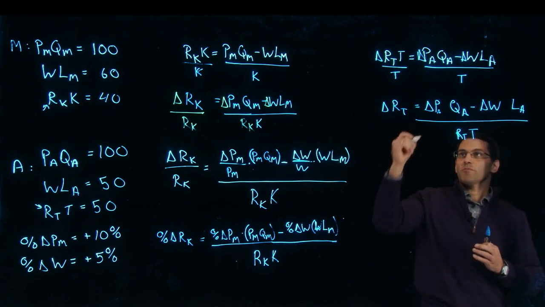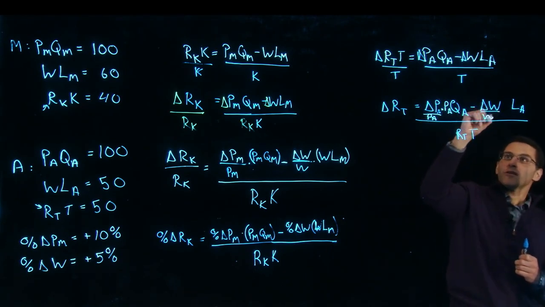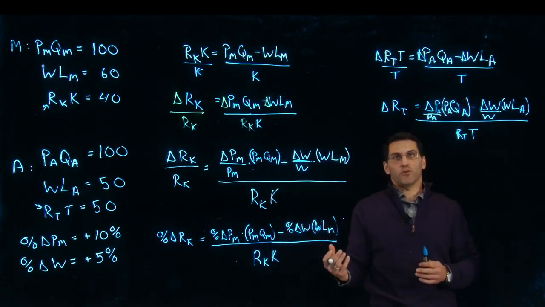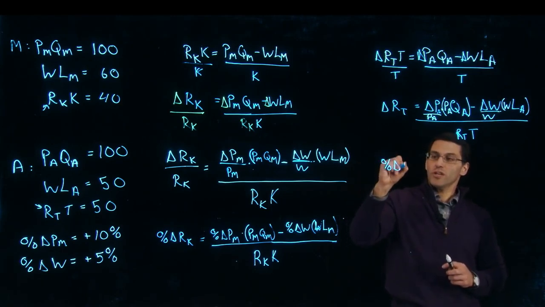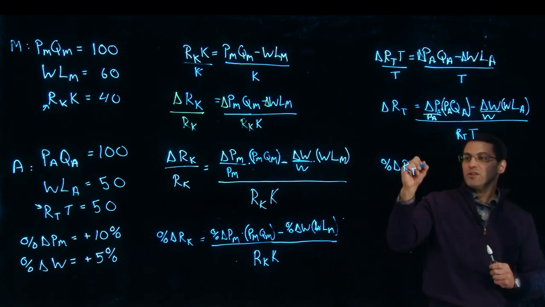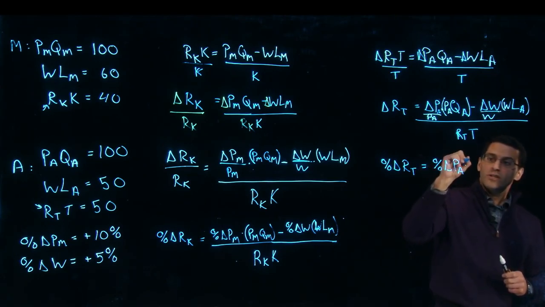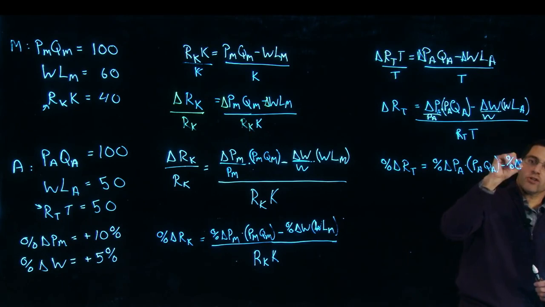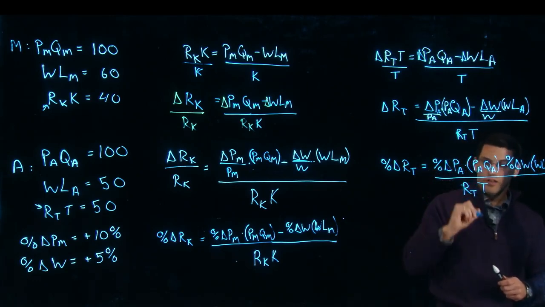So you would divide through by PA, and then multiply by PA, divide through by W, multiply by W. So we get a similar expression here: the percent change in the rental rate for land is equal to the percent change in the price of agricultural goods times revenue in agriculture, minus the percent change in the wage times payments to labor, all over payments to land.